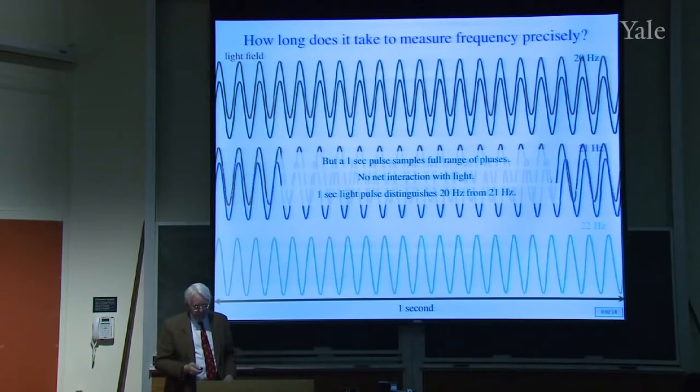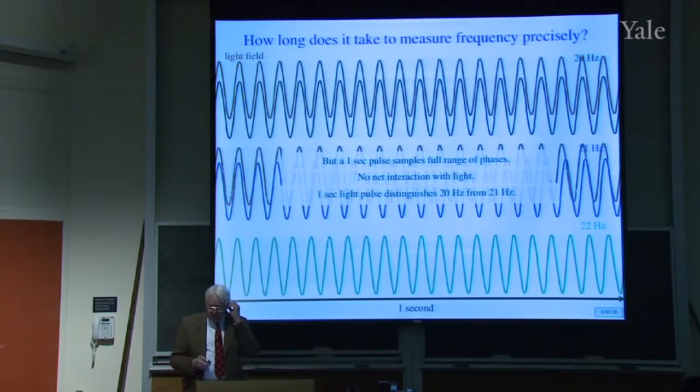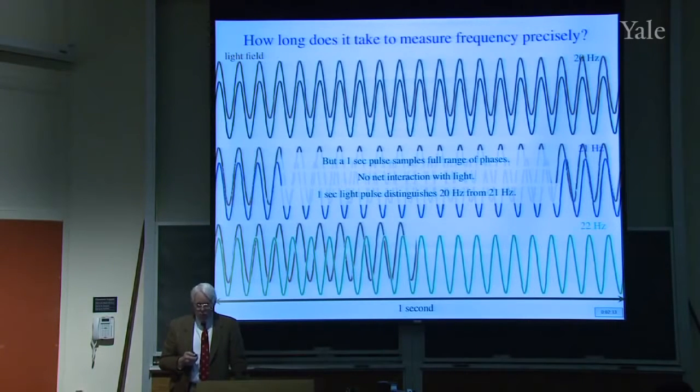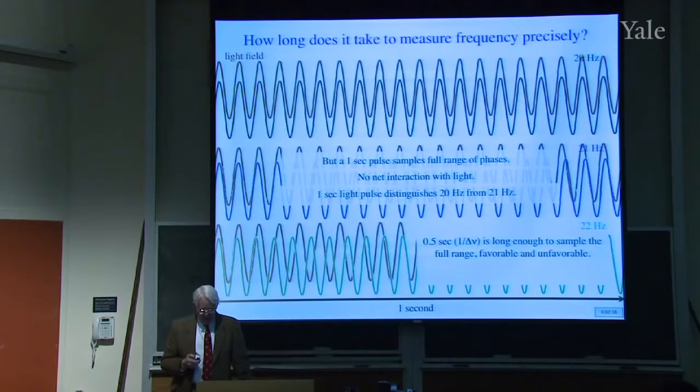That means, suppose we have 22 hertz, okay, a swing that I'm trying with my light to hit, but I'm going at 20 hertz, right? So that goes through 1 complete cycle. You can tell it's not working after only half a second.